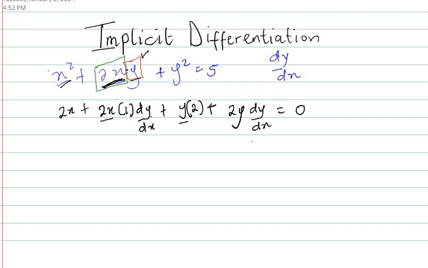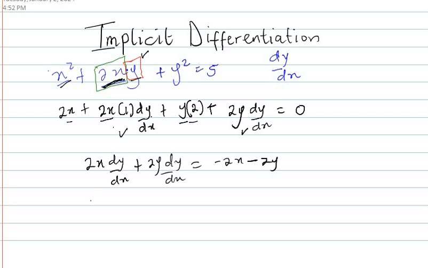From here we need to get dy/dx by making it the subject. So we join this one and this one together, and move 2x and 2y to the other side. We have 2x dy/dx plus 2y dy/dx is equal to minus 2x minus 2y.